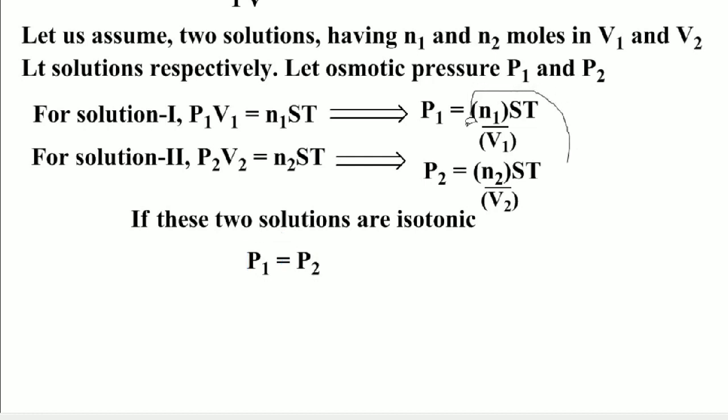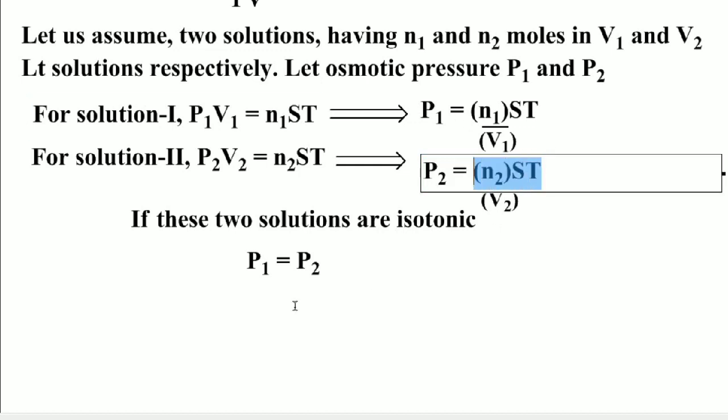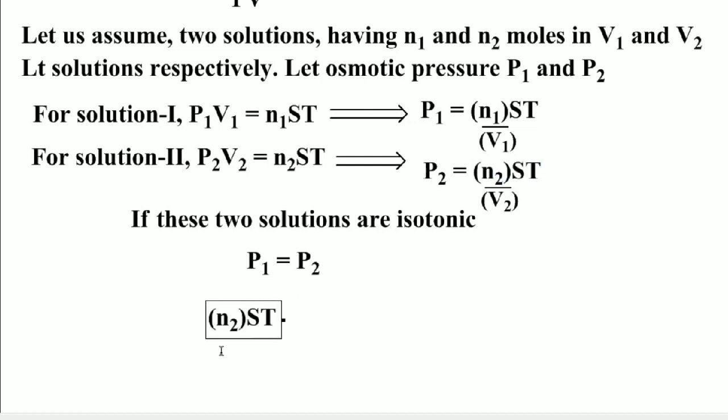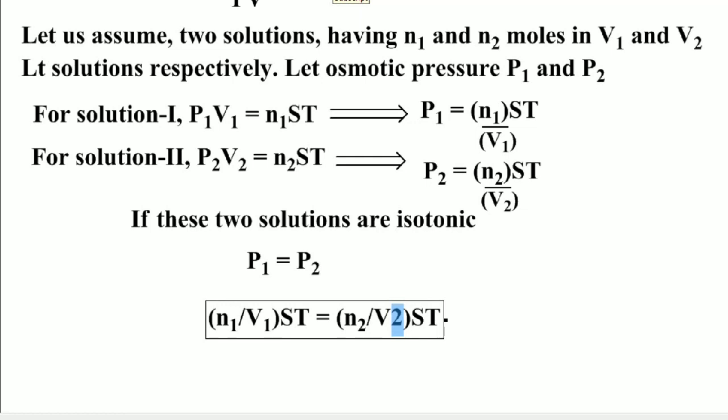Hence, from these two relations we can write n1 by V1 ST is equal to n2 by V2 ST.